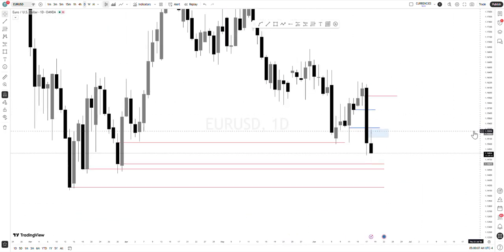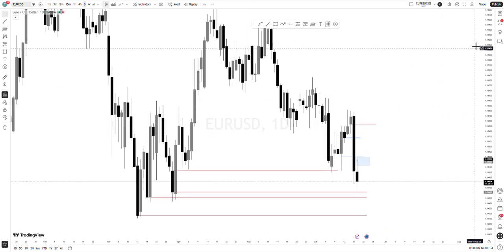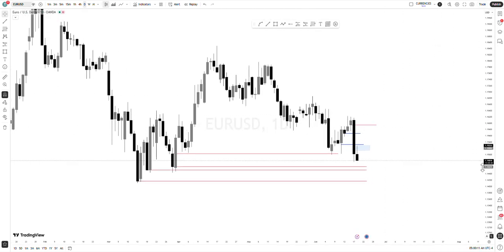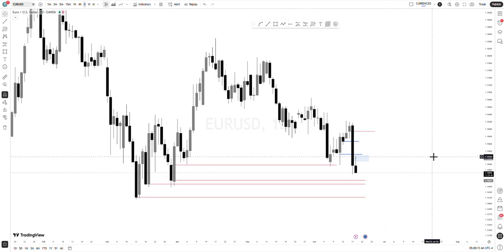So we can see clearly that we have a bullish storyline that stopped here, because we have another bullish key level that got rejected.